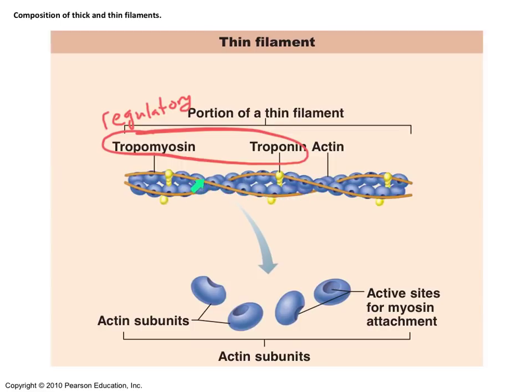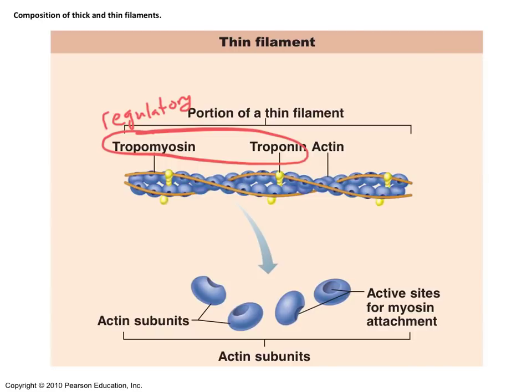When a muscle is at rest, when a muscle is inactive, tropomyosin covers the actin binding sites. Troponin holds tropomyosin on, so troponin makes sure that tropomyosin stays covering those actin binding sites.